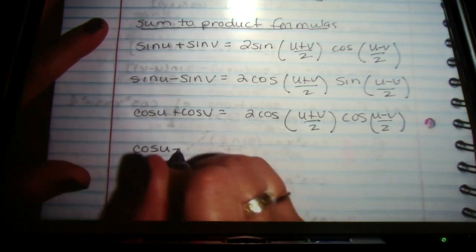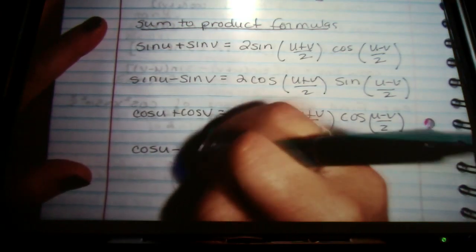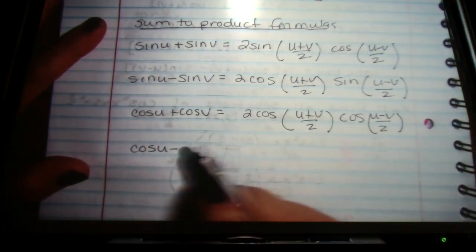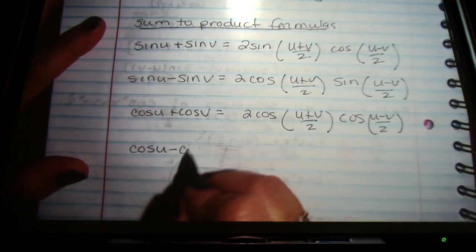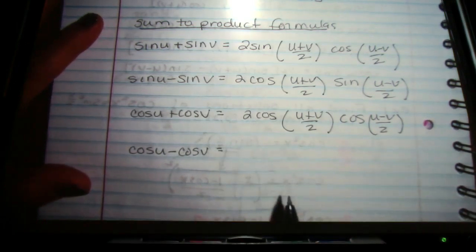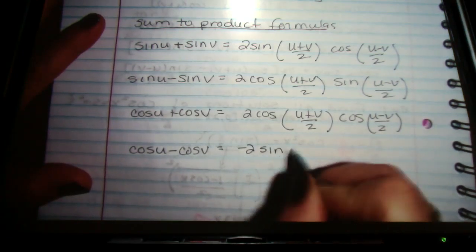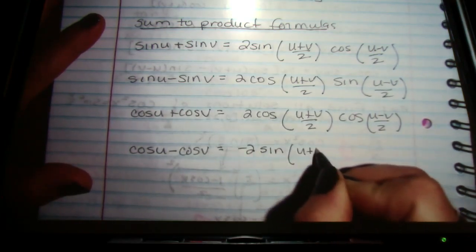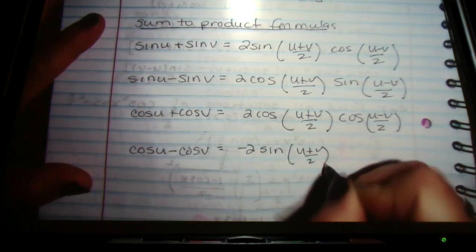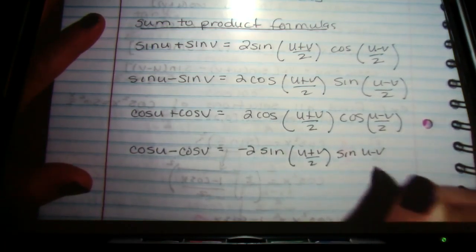Cosine of u minus cosine of v equals a negative 2 sine of u plus v over 2 sine of u minus v over 2.